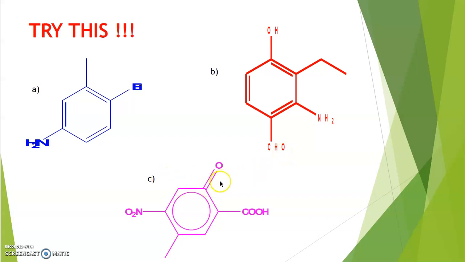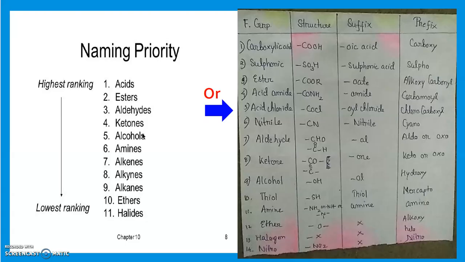For C, you have C-O, which is a ketone, carboxylic acid, nitro, and methyl. First of all, you need to identify which one will act as your parent or the top priority. Please highlight. Then you will proceed to this one also, naming priority.